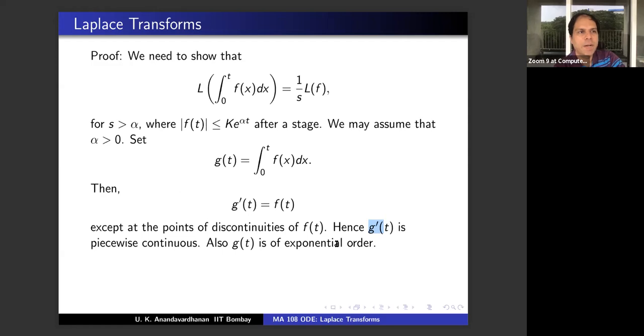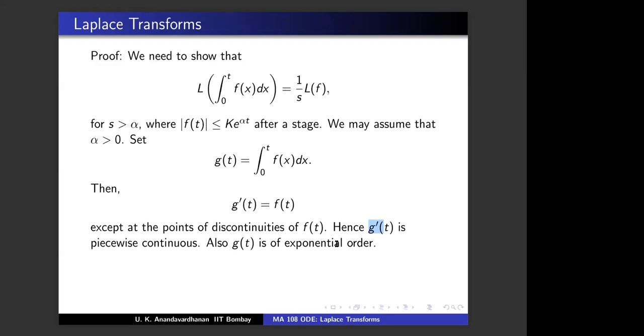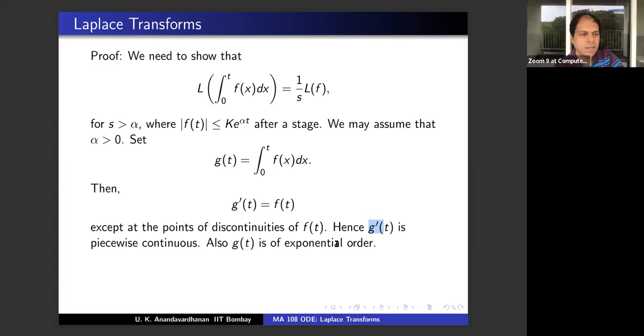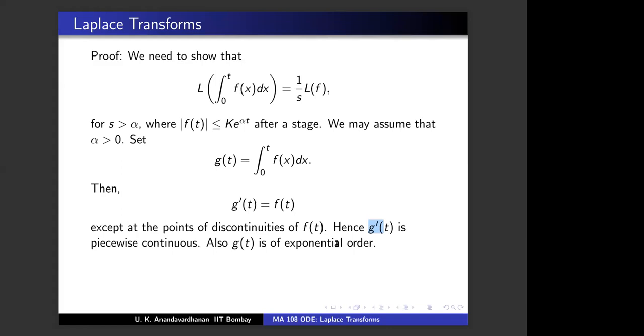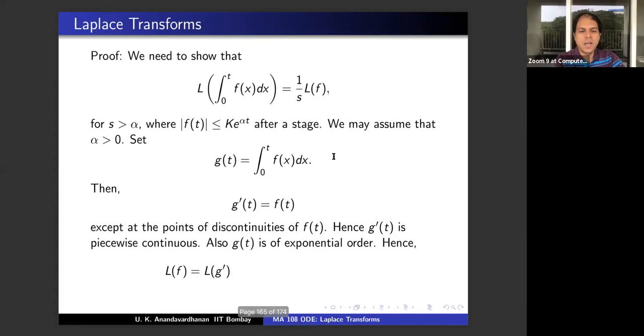What will be L of g prime? L of g prime is S L of g minus g of 0. But what is g of 0? g of 0 is 0 because of the definition of g. Okay, so very good. You have finished the proof. So L of f is L of g prime, but L of g prime is S L of g minus g of 0.